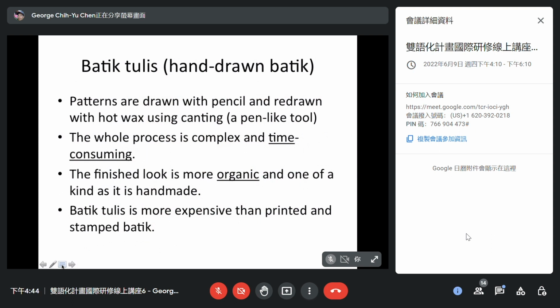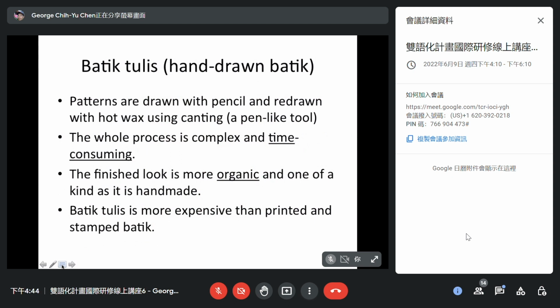So first draw with pencil, 然后再画一次 with hot wax using canteen. Canteen is a pen-like tool that consists of a small copper reservoir, 一个小小的铜容器, with a spout, 有一个出口, and that's where the hot wax goes through and you can write it and draw it like a pen.